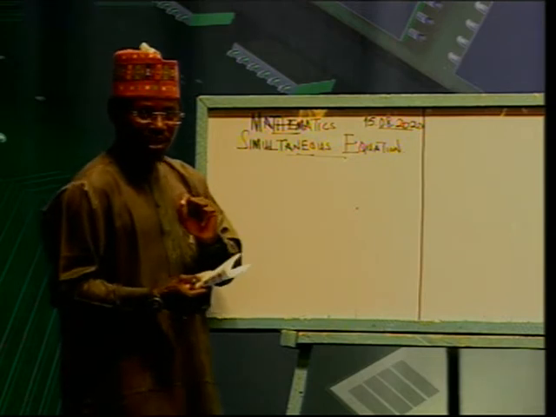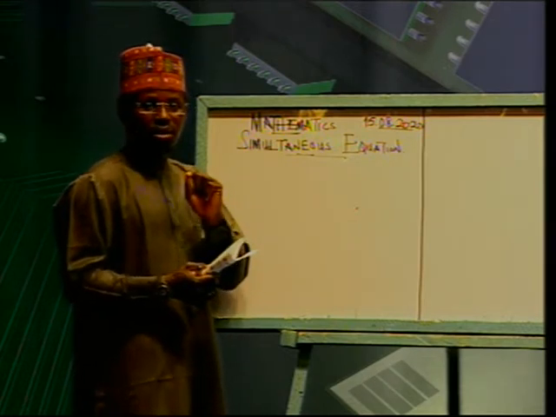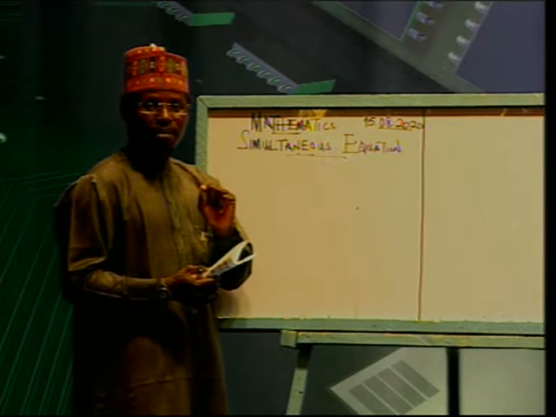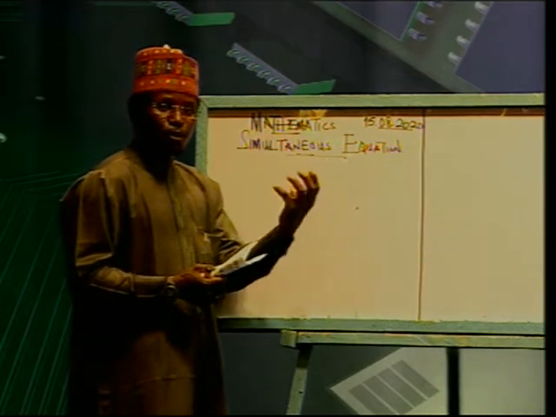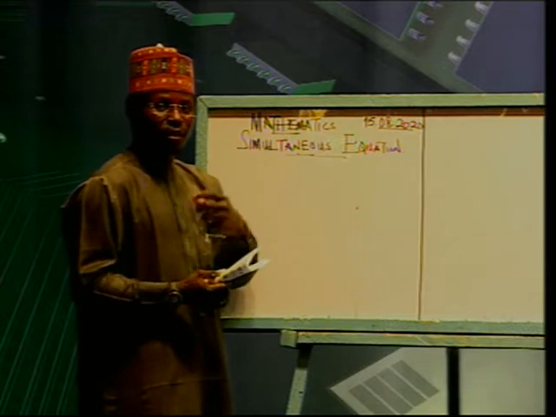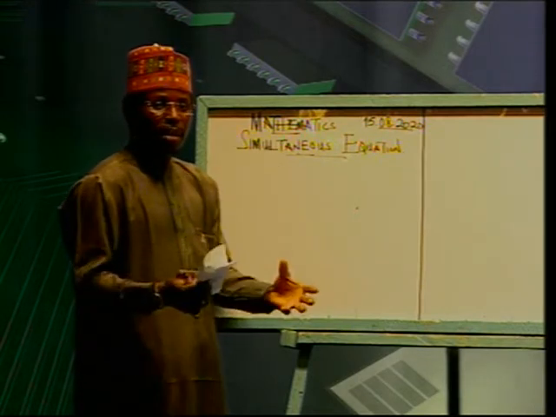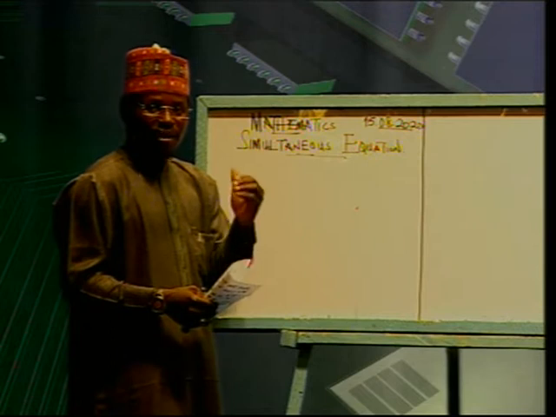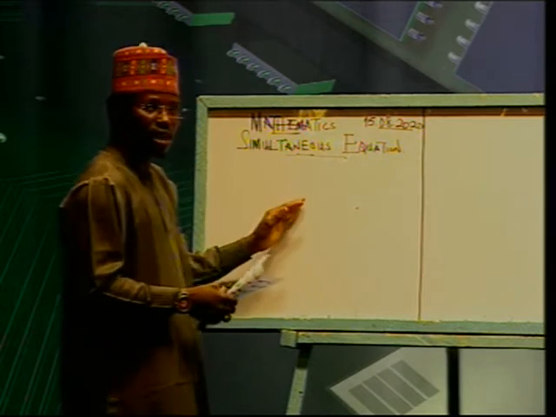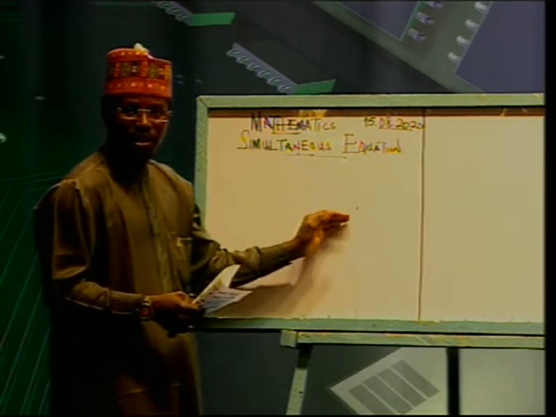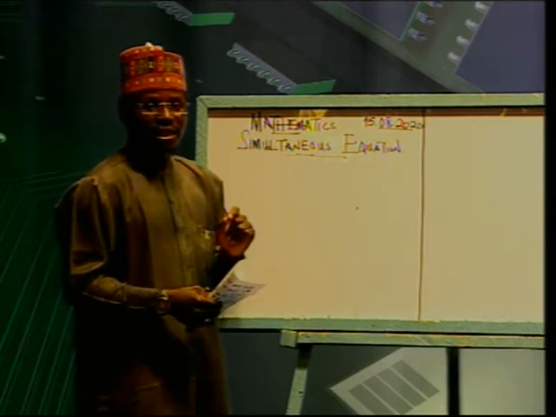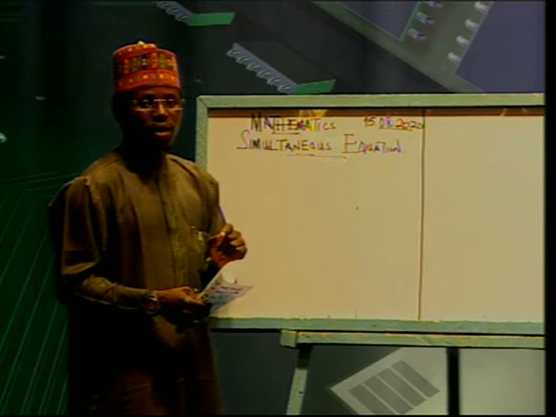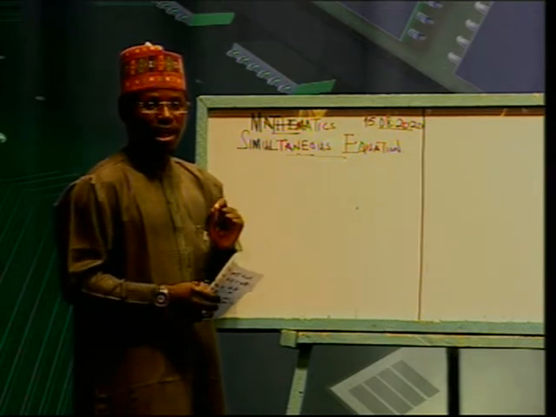It's your duty as a mathematics student to solve the problem and get the values of these variables, so that you bring the values from hidden to absolute. We have different methods we use in solving simultaneous linear equations. The first method is called the substitution method.